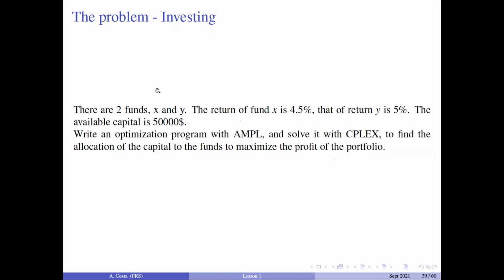So the way you have seen earlier, to find the allocation of your 50K to fund X and Y, in order to maximize the total profit. Of course, this is a very simplified problem because there are many things missing, but it's just for practicing using AMPL. Okay.